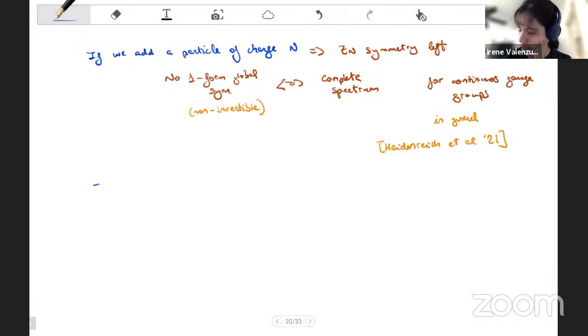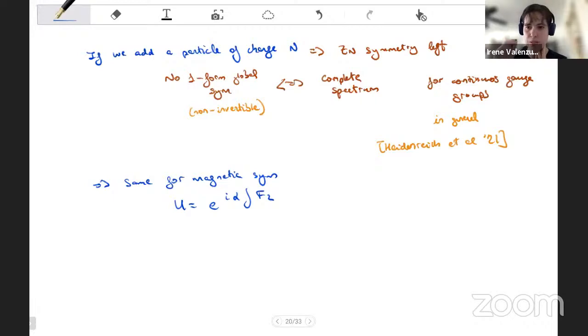Okay, and the last thing I wanted to say is that, of course, here I'm talking about the electric symmetries, but the same happens for the magnetic symmetry. The symmetry operator would be the integral of F2 instead of the Hodge dual of F2. So these are surface operators. This is for Maxwell theory, for the case of the U(1) gauge theory.